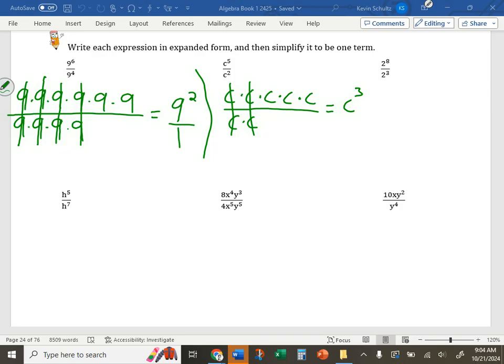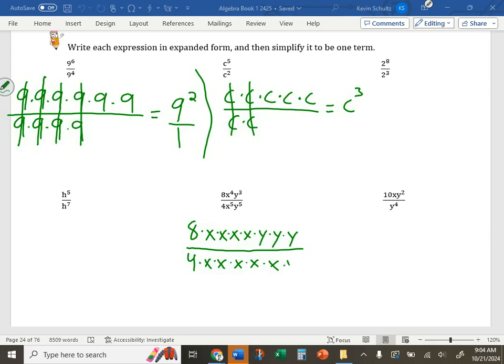Let's do the middle one and the bottom row together, then you can do the other 3 on your own, and we'll pause the video and go over answers. Again, writing in expanded form, 8 times x times x times x times y times y times y over 4 times x times x times x times x times x, an extra x there.